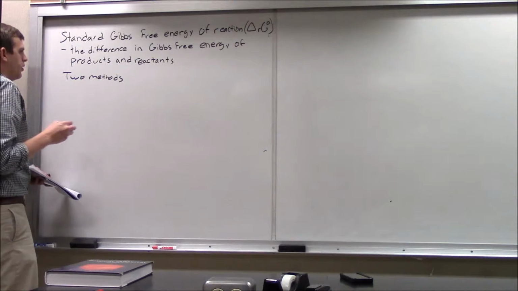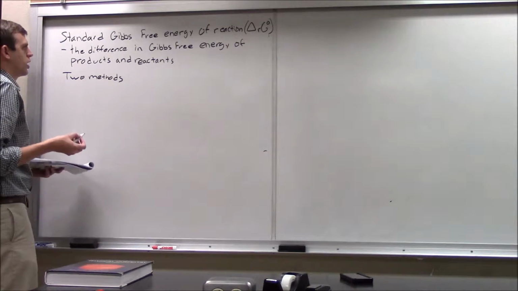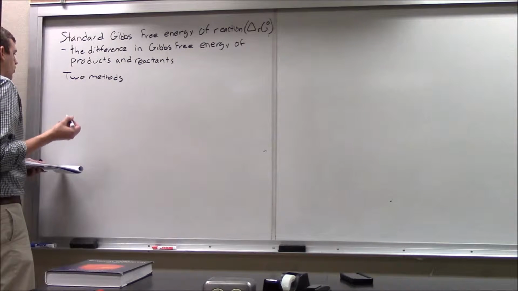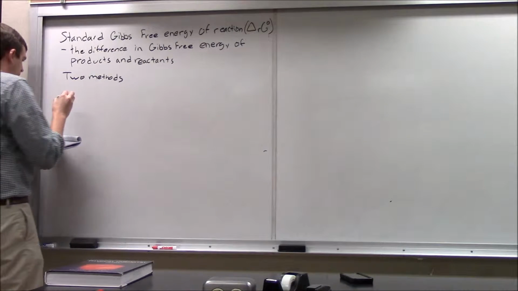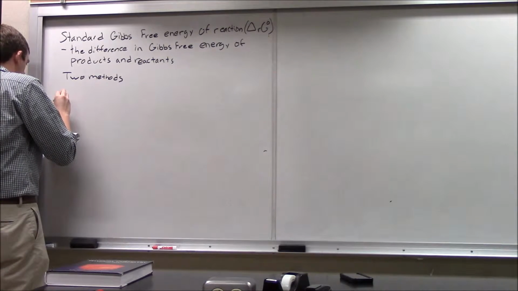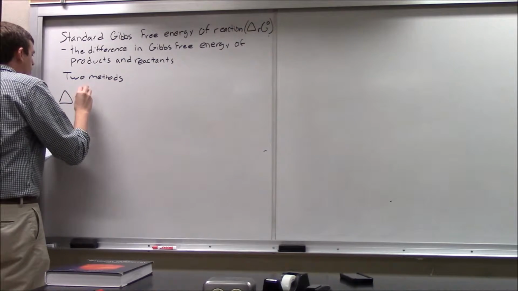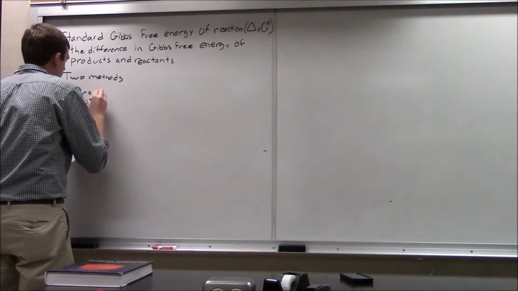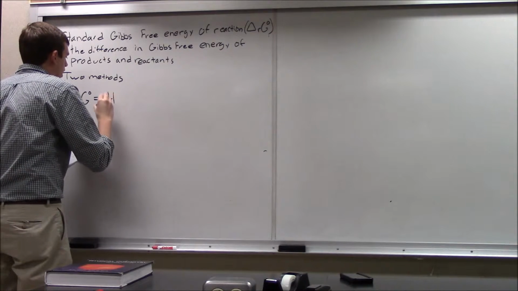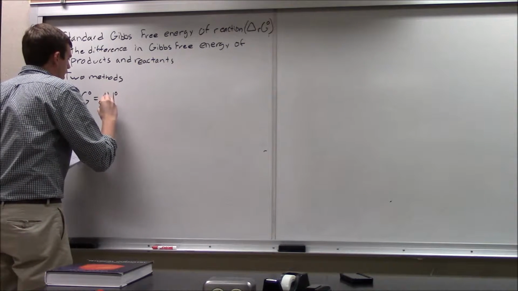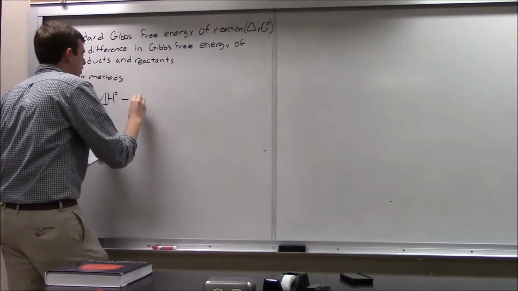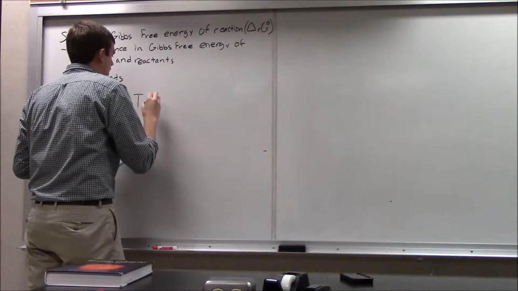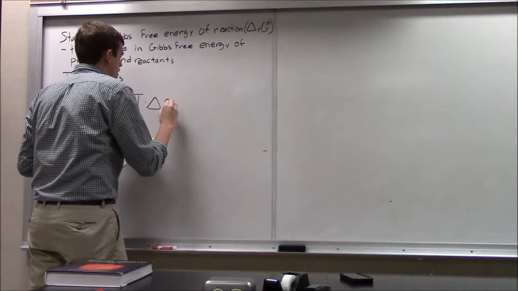So using a similar structure to the change in the Gibbs free energy, we're going to just apply it to the reaction. So what we can write out is that our Gibbs free energy of a reaction is equal to the enthalpy change of a reaction minus the temperature times the entropy change of a reaction.